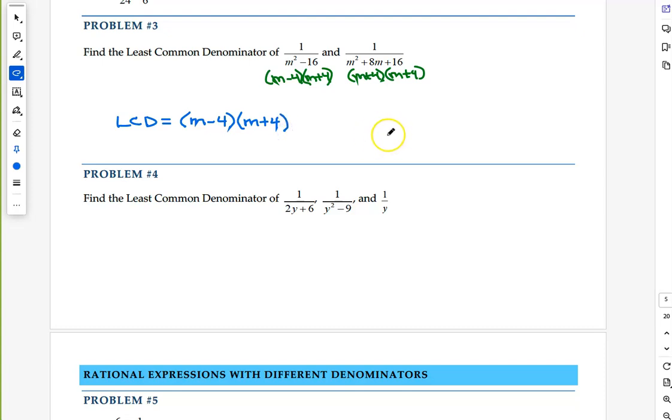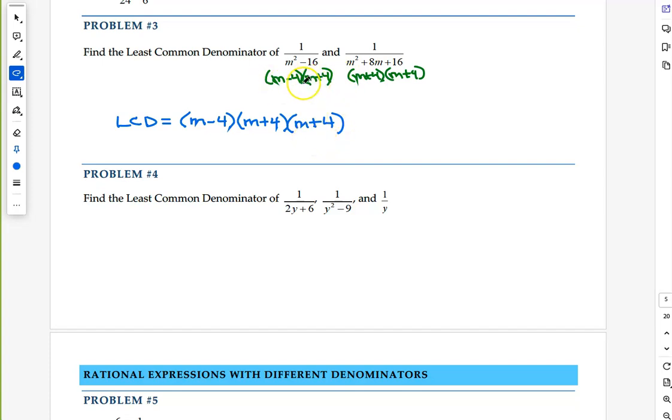And when I'm looking at my other denominator, I notice that I have 2 m plus 4s. But over here I don't have 2 m plus 4s. So I need another m plus 4 to make this my LCD.